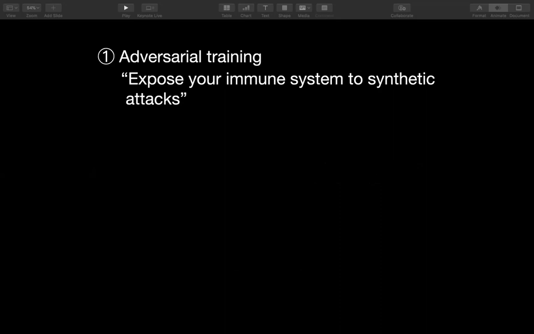The first leading technique for hardening your classifier against this adversarial example problem is called adversarial training. And the analogy here is to think of vaccination for the immune system. When we give you a vaccine, we expose your immune system to a little bit of the disease, a little bit of the germ, maybe a synthetically crafted one. And that teaches your immune system how to respond.